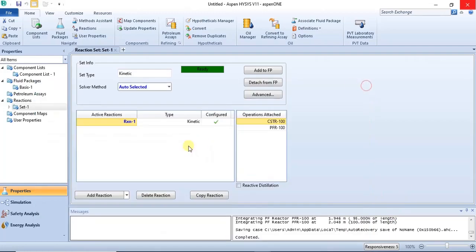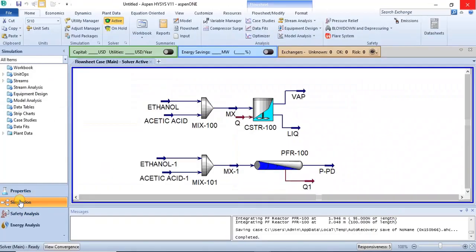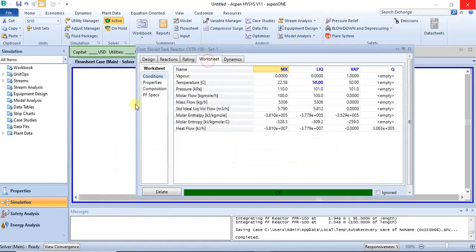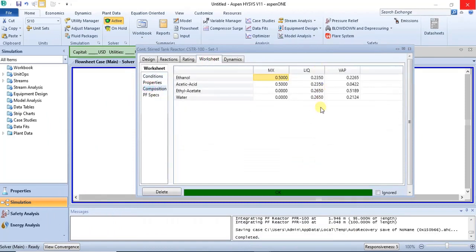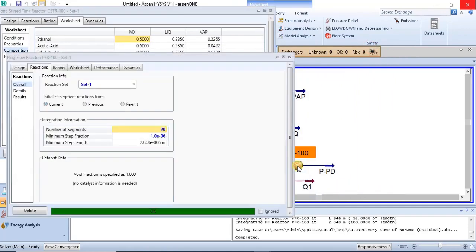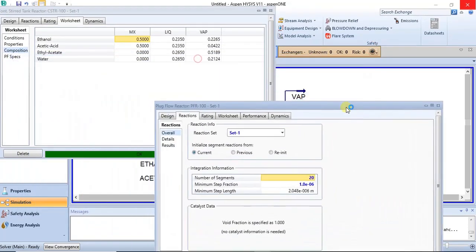So we can now check our results. From this we have the composition of the liquid and the vapor, and that is for the CSTR. Then for the plug flow, we have this. I guess we can open both cases together.